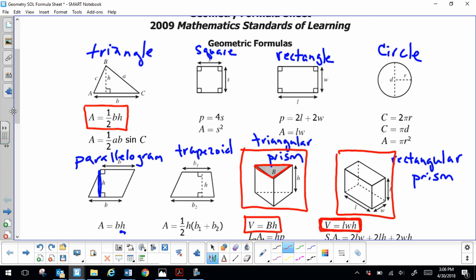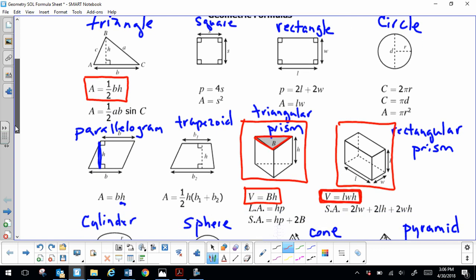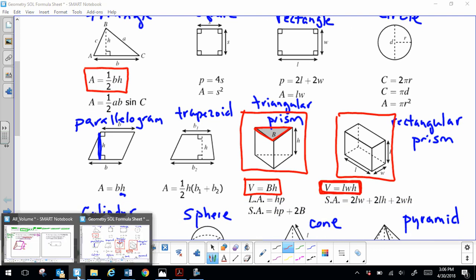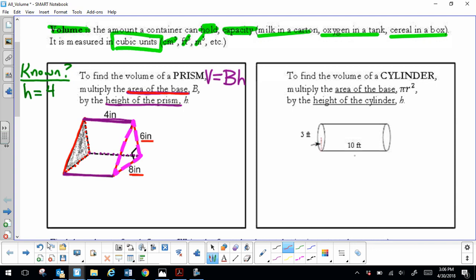Now things get exciting because we have multiple little h's in our lives that we're going to need to apply correctly. I'm going to put a little p here next to that little h, and then I'm going to do the same thing over here so I know which height goes with which. And I'm going to recognize that since this is a triangle, big B would be equal to the area of a triangle, which according to my formula sheet is 1/2 little b times little h.